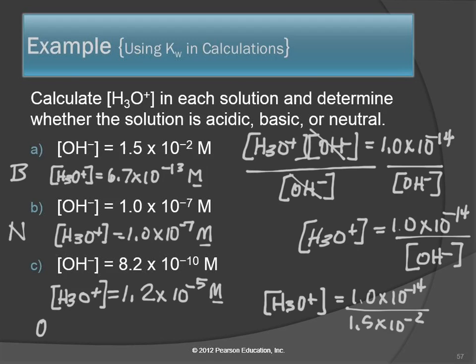Because 10 to the minus 5 is 0.00001, and 10 to the minus 7 is 0.0000001. That's neutral solution. So which one's smaller? This one's smaller, this one's larger. So the hydronium ion concentration is higher than in neutral solution. So is it acidic, basic, or neutral? Acidic.